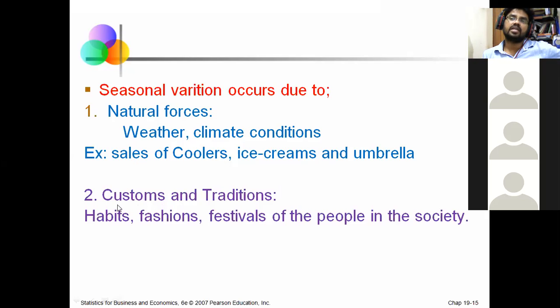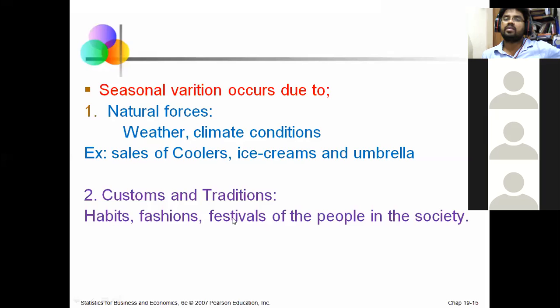Then what are customs and traditions? Due to customs and traditions, seasonal variation may occur. For example, the customs and traditions of the family members, their habits, their fashions, their festivals of the people in the society. For example, in the month of August, September, or September, October, Dasara will come.